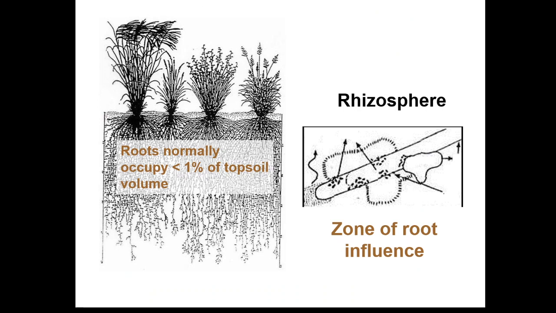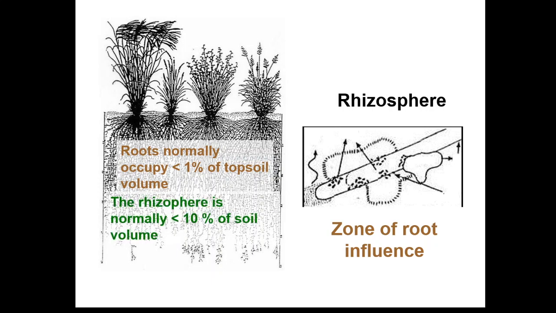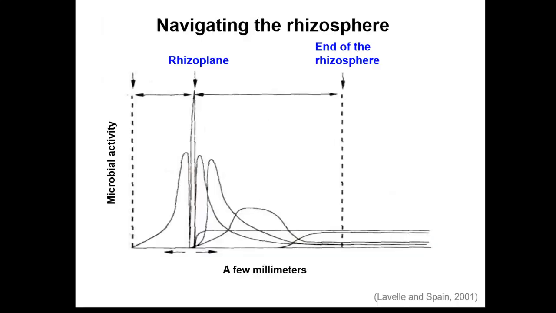The root itself normally occupies around 1% of topsoil, but with the rhizosphere, it can go up to 10%. So that's how big the rhizosphere is. Within this 10%, all the important activities are happening in the plant, in the crop system.